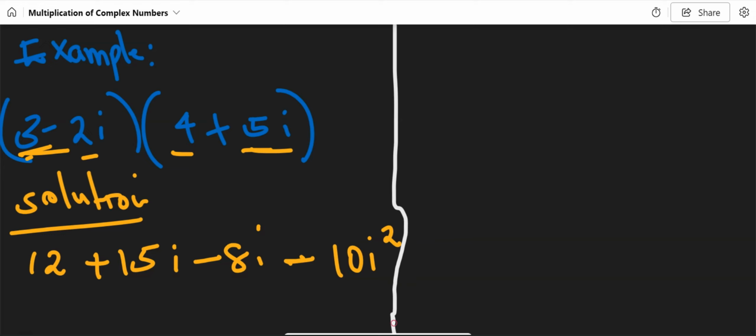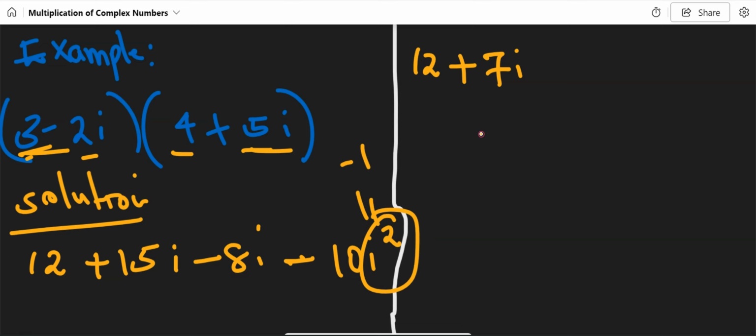So again, we split this. We get 12, then 15i minus 8i, that is plus 7i, then minus 10 times i squared. Now we said i squared is the same as -1, so this is minus 10 times -1.